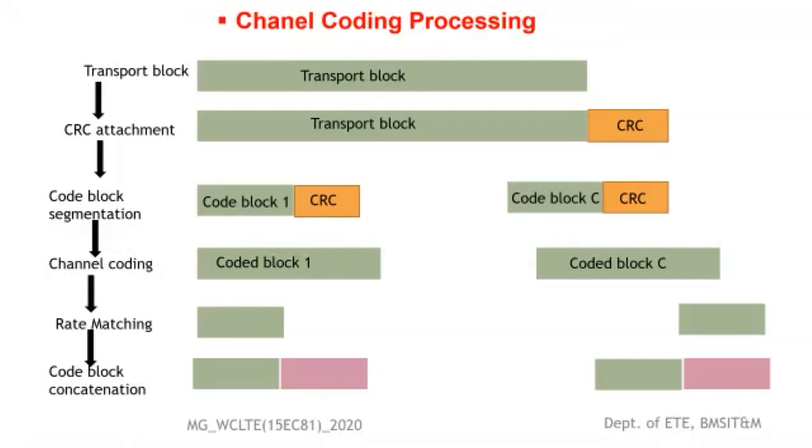There are different techniques to do that. After doing that, it will be concatenated. So this is the entire process in channel coding. I will again take up one example and show you in detail what happens in each stage. This is just a general overview.